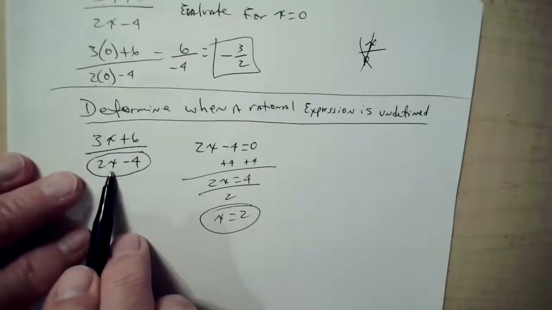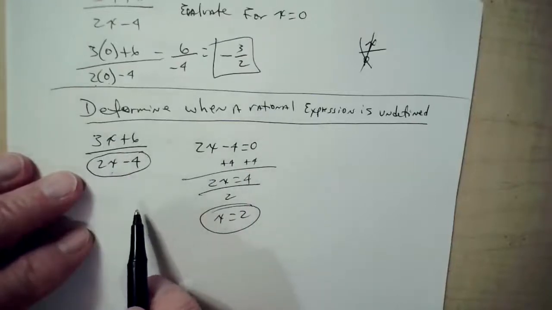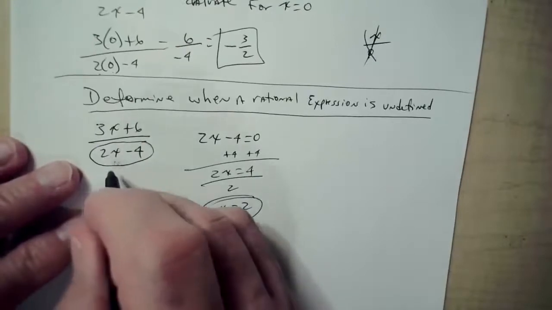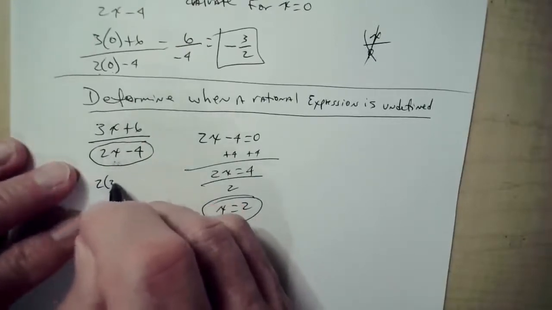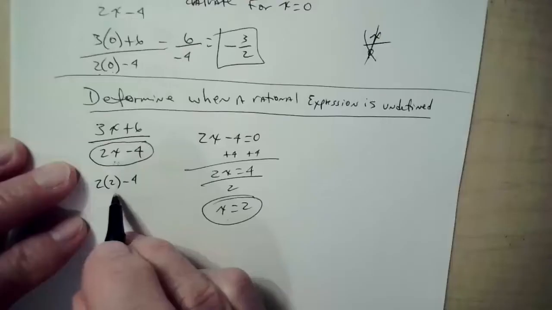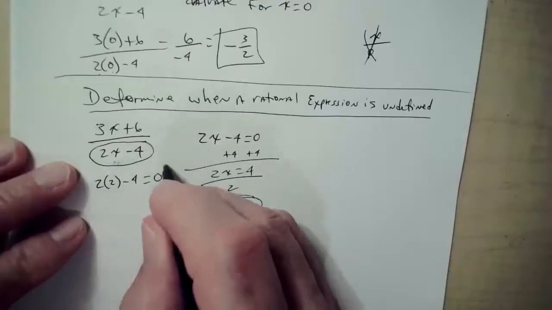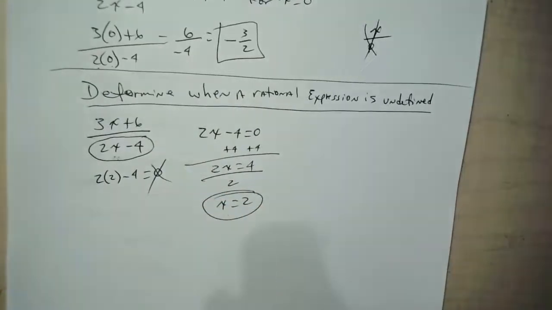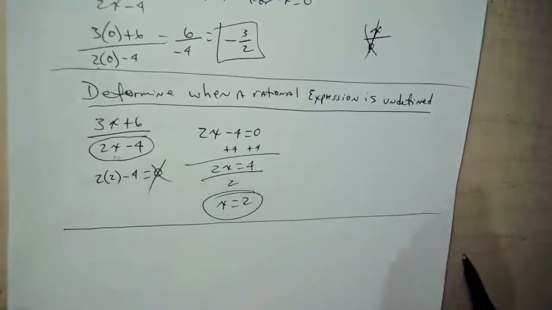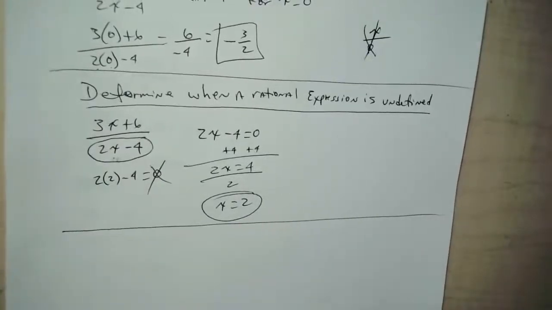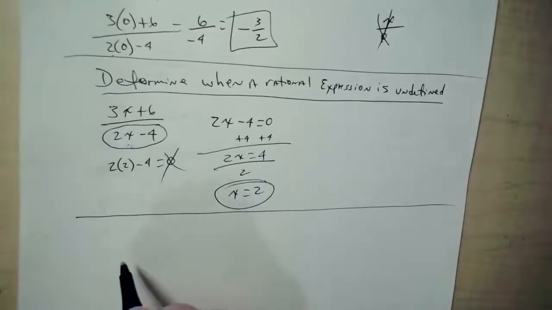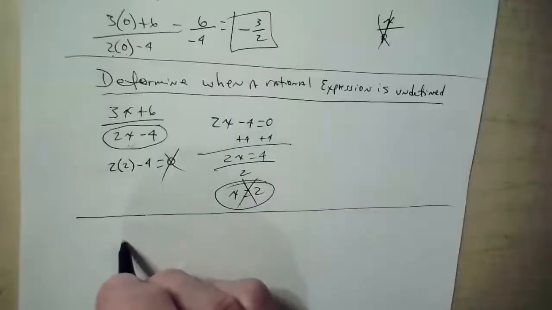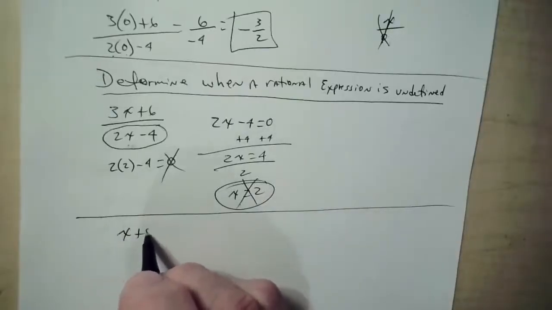We cannot have 2 as our answer here, because if you plug it back into the denominator, in the numerator it'll be okay, it doesn't make any difference. But we cannot have 0 in the denominator. So if we put 2 in, 2 times 2 minus 4, 2 times 2 is 4, 4 minus 4 is 0. So we cannot have this.